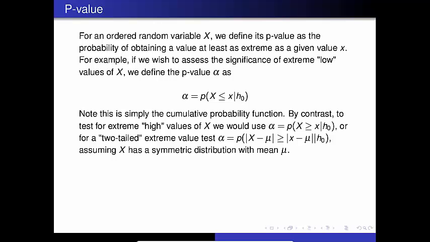Let's say that we're looking for small values of x, and we have some particular observed value, which I'm going to indicate as lowercase x. Let's say that's a value that we actually observed experimentally. And we're asking the question, what is the probability under our hypothesis that the random variable x would have a value less than or equal to our observed value lowercase x, okay?